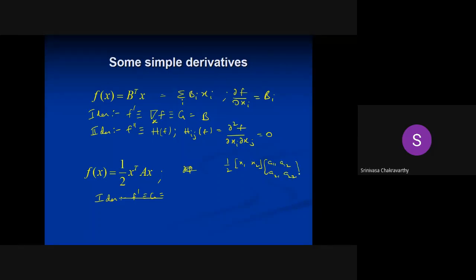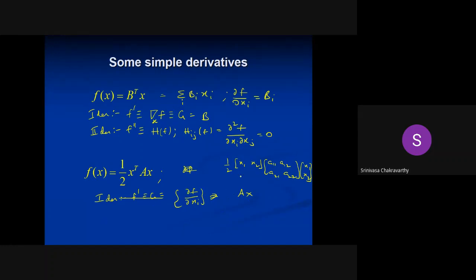I think you must have dealt with some of this in your +2 math, but I'm just quickly recapping it. Take this expression, actually differentiate and find out dou f by dou xi, and work out the full matrix. That will be equal to just Ax. You can prove it as a homework problem.